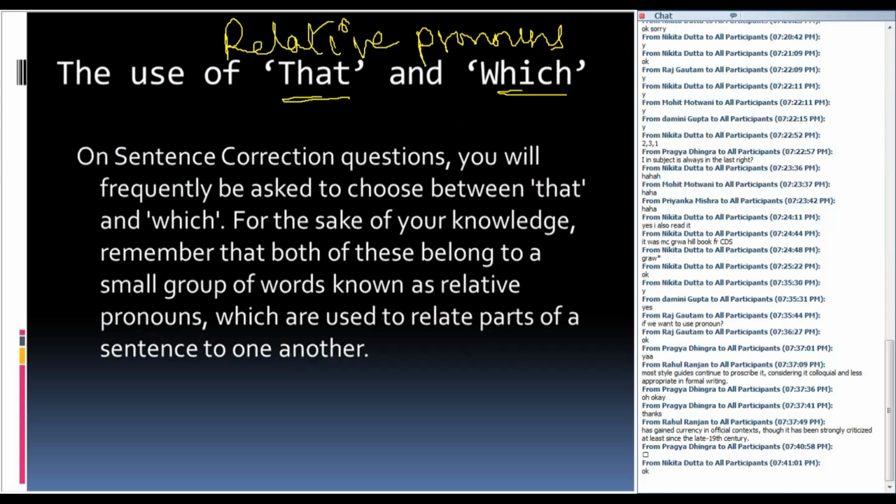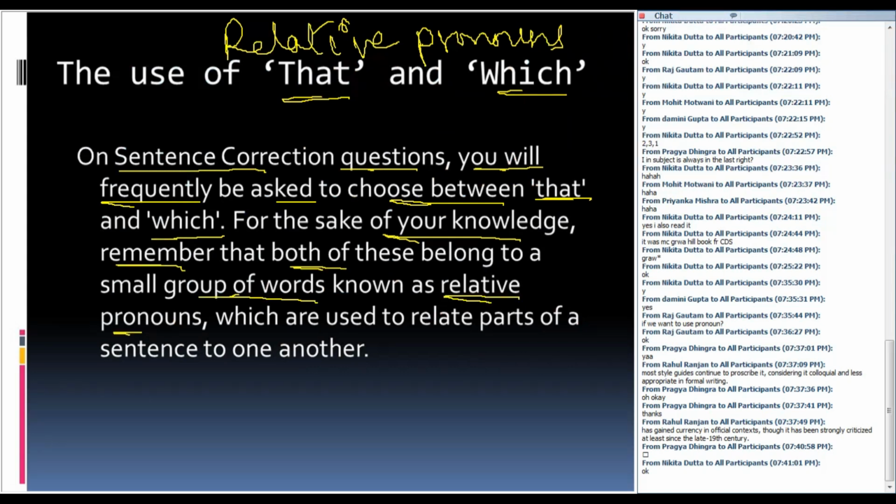Now remember, on sentence correction questions, you will very frequently be asked to choose between the pronouns that and which. Just for the sake of your knowledge, remember that both of these pronouns belong to a group of words that are known as relative pronouns. What are relative pronouns? Relative pronouns are those pronouns that actually work as conjunctions.